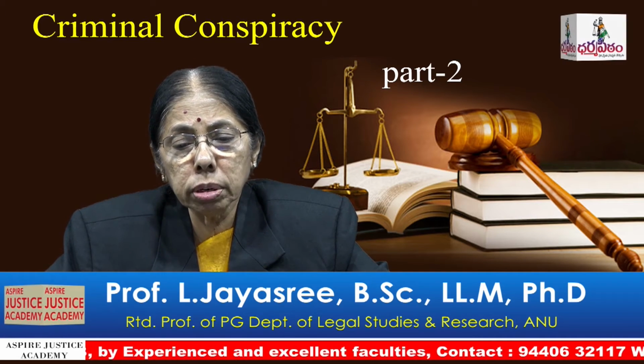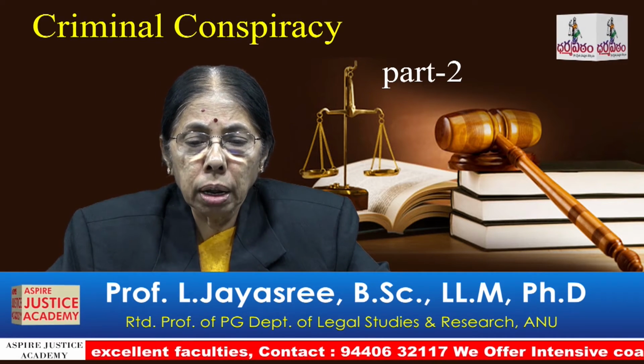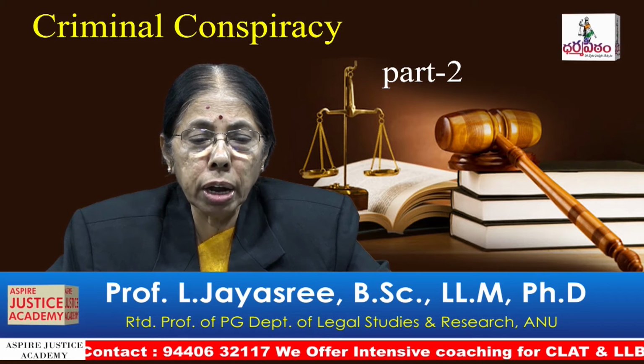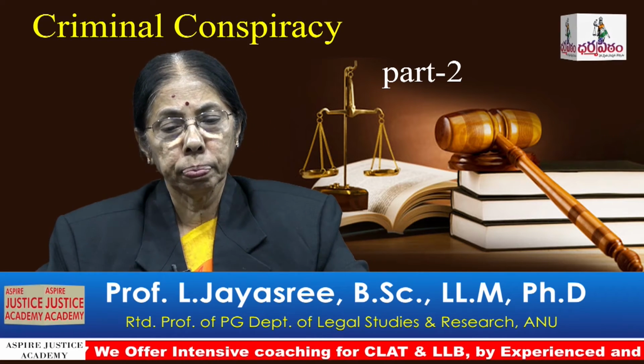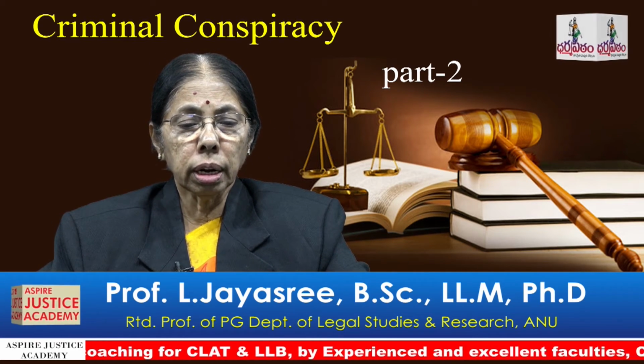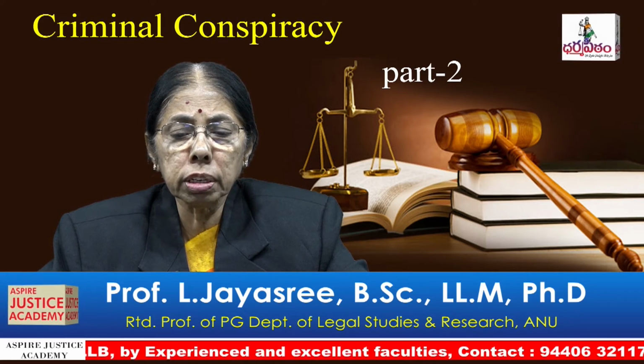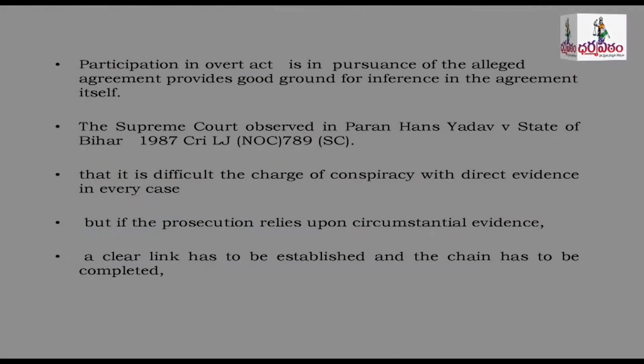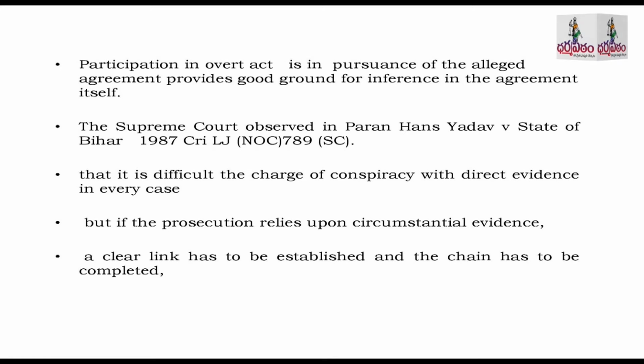The Supreme Court observed in Parmahans Yadav v. State of Bihar, 1987 Supreme Court case, that it is difficult to prove the charge of conspiracy with direct evidence in every case. Even the Supreme Court says that direct evidence is not available for any criminal conspiracy.